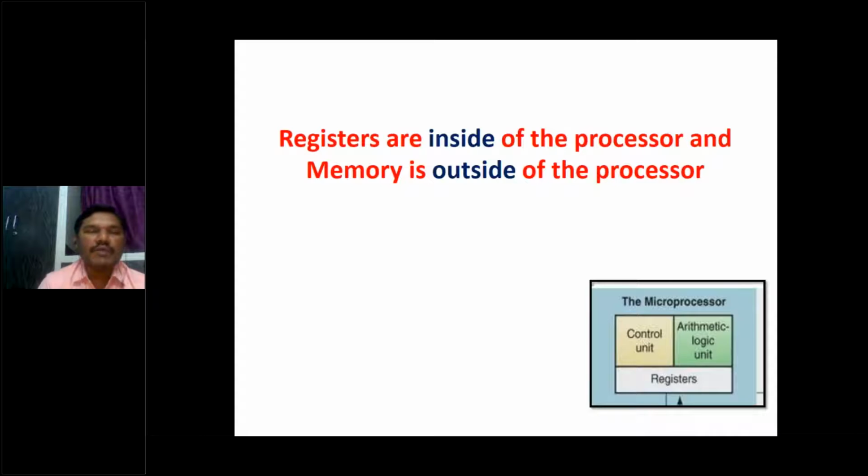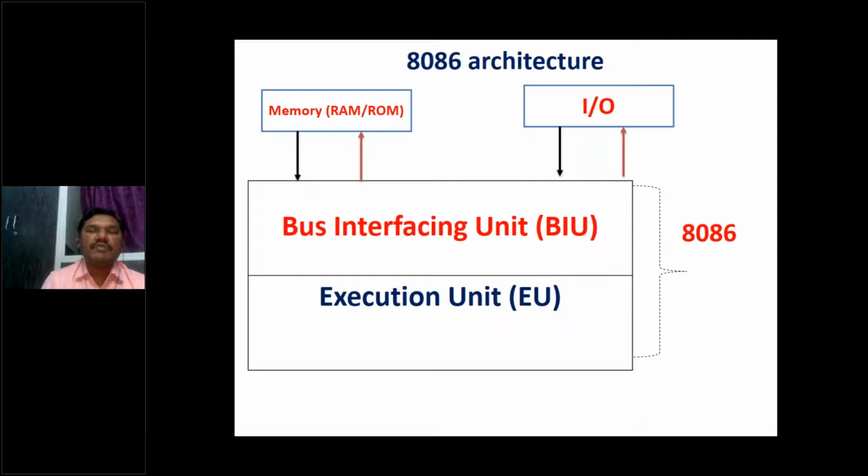And here we have to remember, when we fetch data from memory, these data or instructions are stored in the processor registers. This is the main point here. Why we need to study this topic: when we fetch data either from memory or from IO, those instructions or data must be stored somewhere inside the processor.